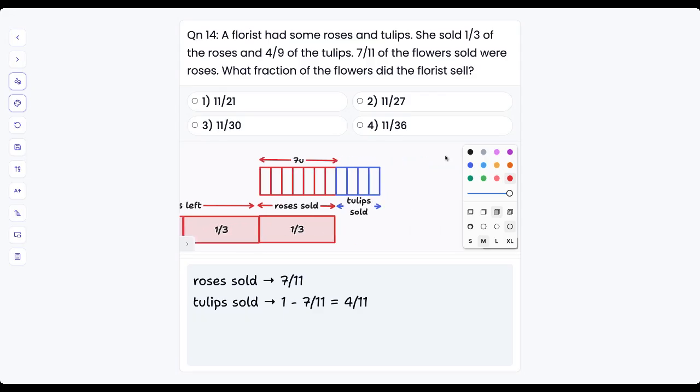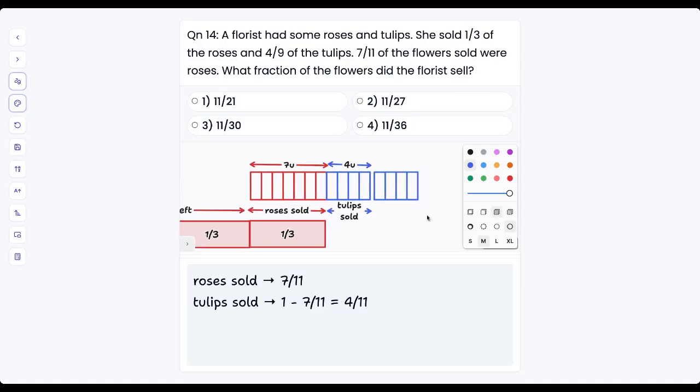And then for tulips, it says here 4/9 of the tulips are sold. And luckily, in this case, this is 4 units. That means this one over here is actually the same.